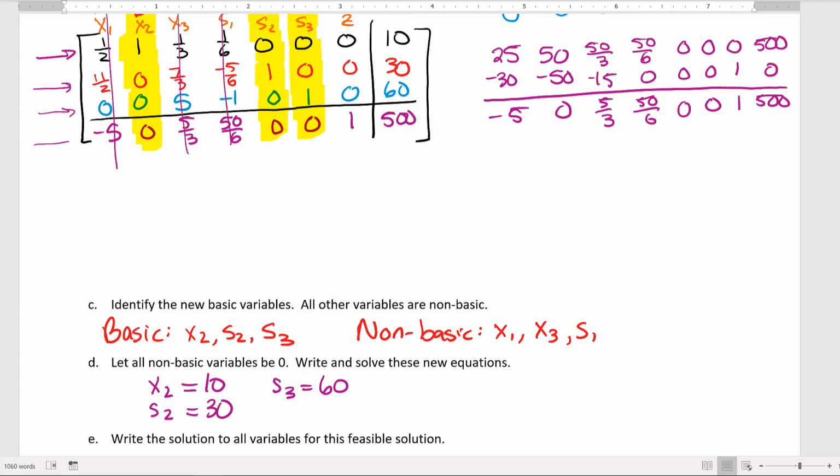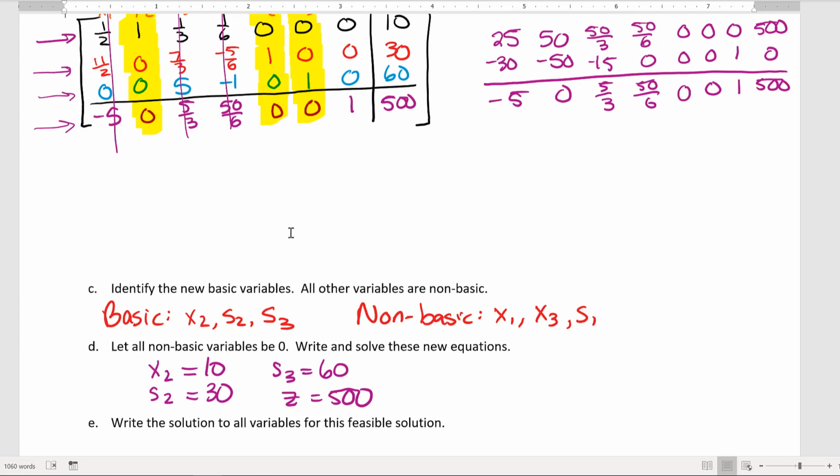And then the very last equation, when we're reading left to right, I have no x2s, no s2s, no s3s, but I have z equals 500. Okay, so those are my new equations if we let all of the non-basic variables be 0.